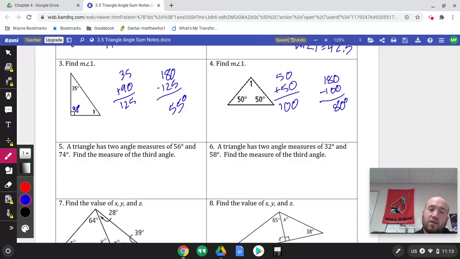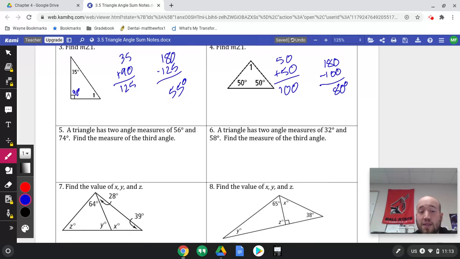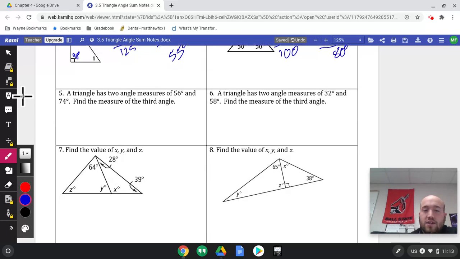Now number 5 and 6. These are the same kind of problems, except here we don't have a picture. That's okay. It tells us it's a triangle. We know that two of the angle measures are 56 and 74. We have to find the third angle. The same concepts still apply. We don't have a picture, but we can still add our 74 and our 56.